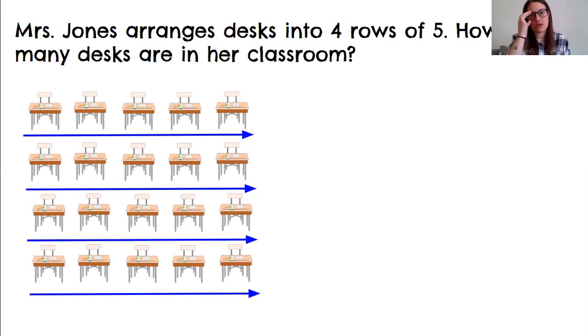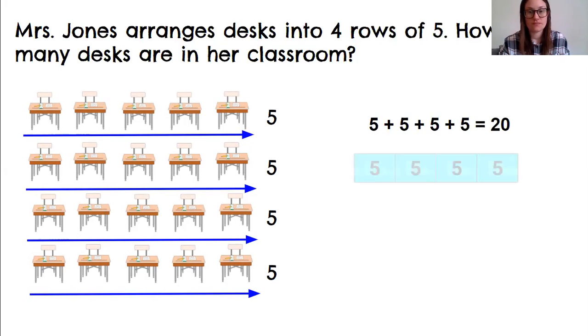So I wanted to figure out how many desks are in her classroom. Well, I know that there are 5 desks in each row and there are 4 rows. So I could write a repeated addition equation. 5 plus 5 plus 5 plus 5, that's 4 rows, 1, 2, 3, 4, equals 20. How do I know that?